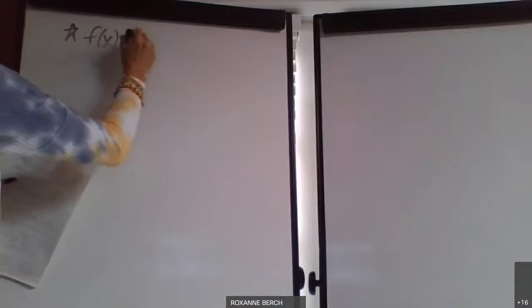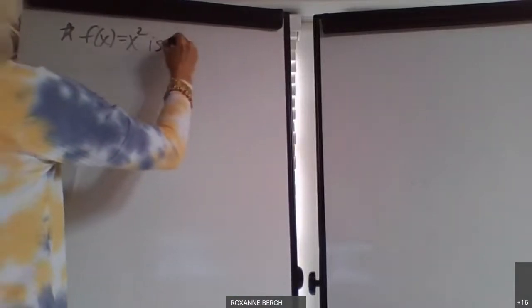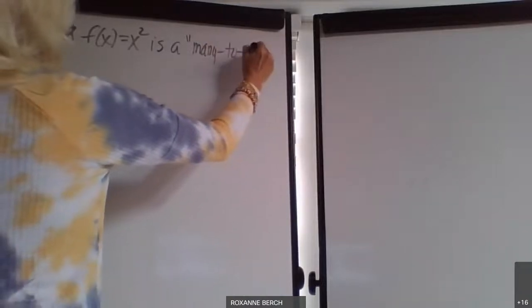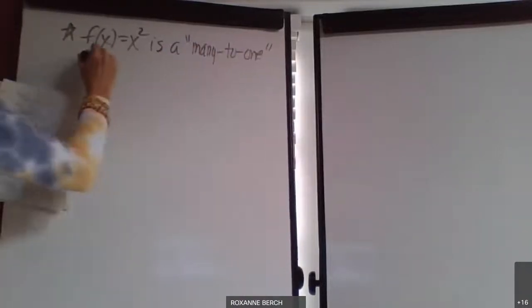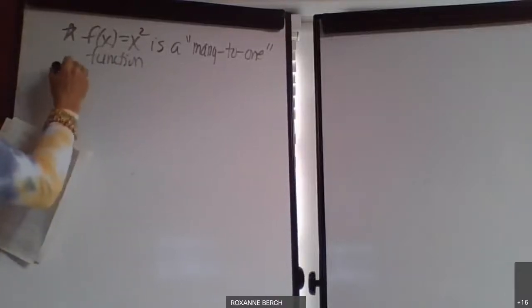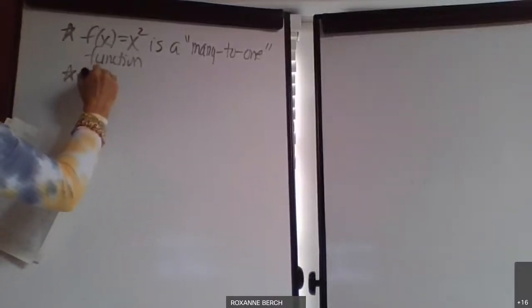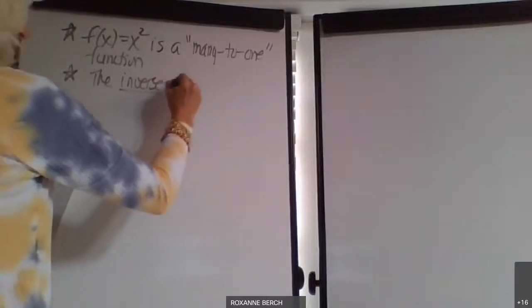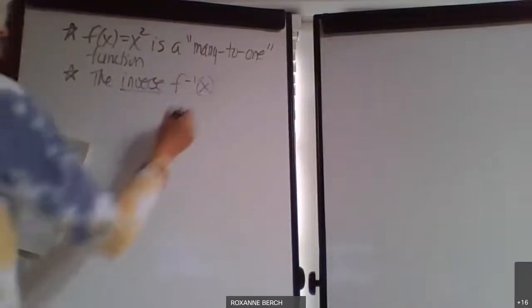Okay, so first of all, f of x equals x squared is a many-to-one function. The inverse, remember the notation, f inverse of x?